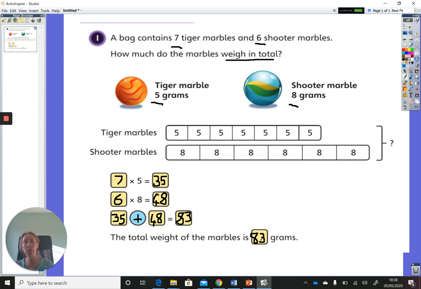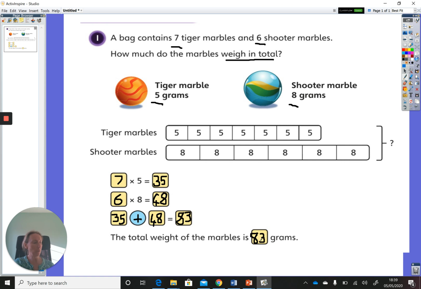So I know some of you are using marbles. I'm just trying to think of what else you might have around your house. You might have Lego pieces, or you might have pasta, something else, so you can actually make the question. And sometimes when you make it, it makes it easier to work out.